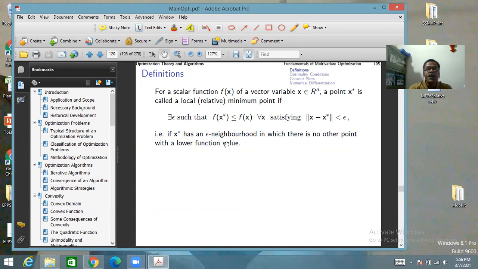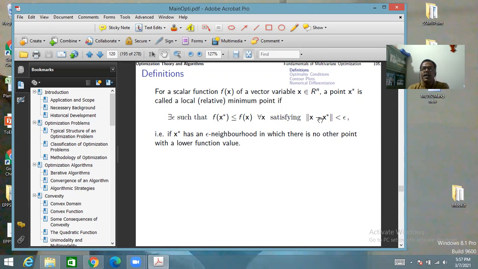Okay, so for a scalar function of a vector variable, n-dimensional vector variable, you will call a point x star a local minimum point or relative minimum point if there is a little epsilon neighborhood around it in which the function value at the current point is less than or equal to the function value at all other points.